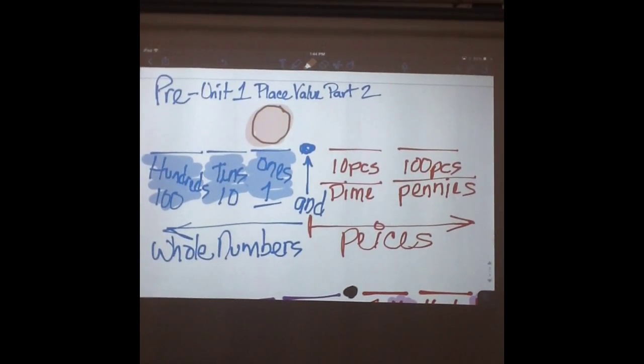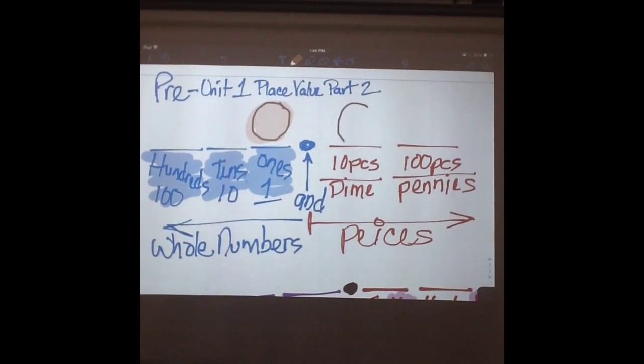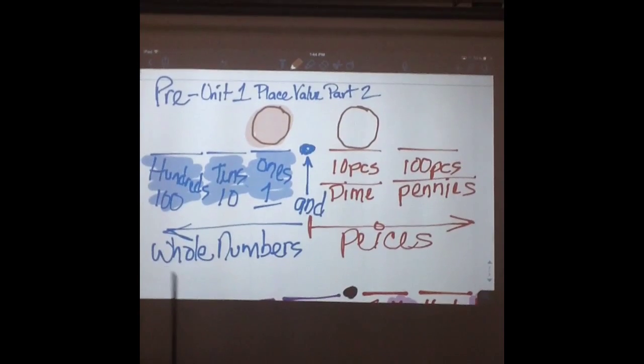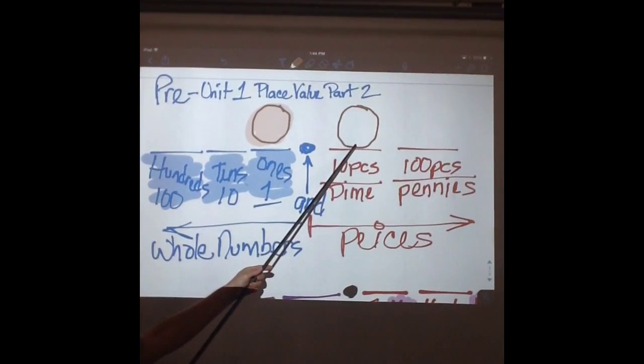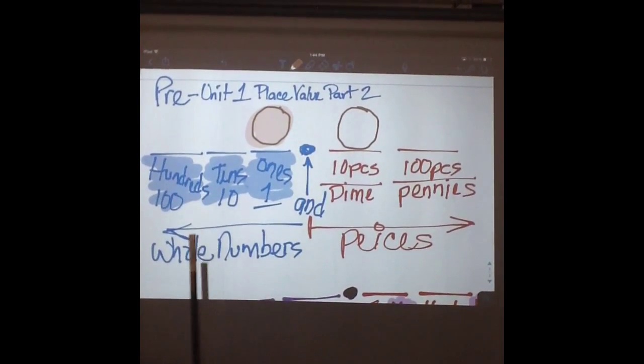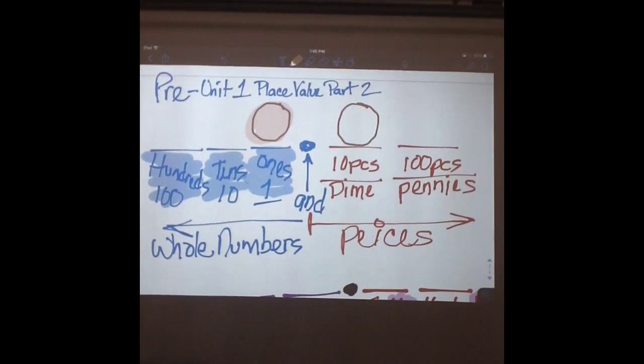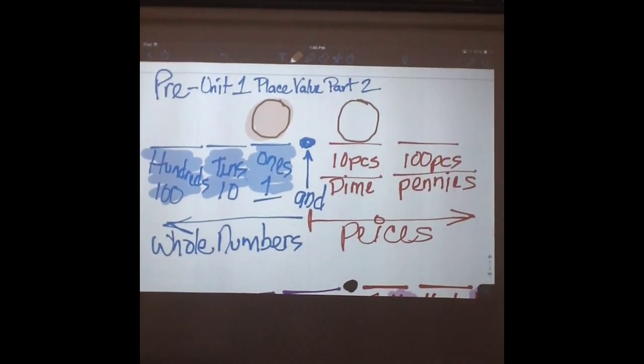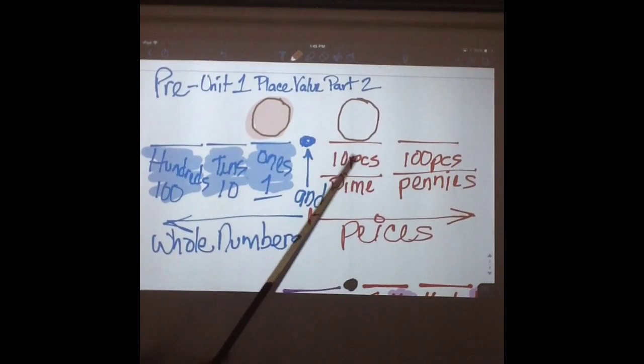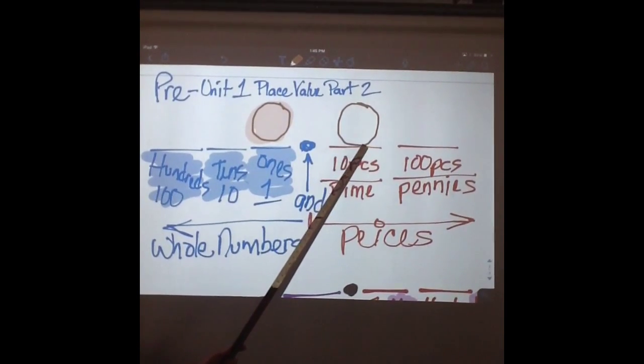If you'd like to think of it as a cookie, that's okay too. Okay? Now, if I drew this circle, how many pieces would I have to cut this pizza up into?